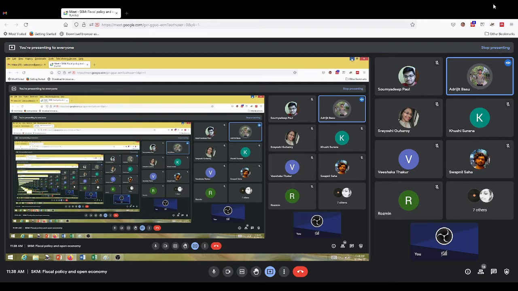The demand can also come from outside the country, what we call foreign demand.